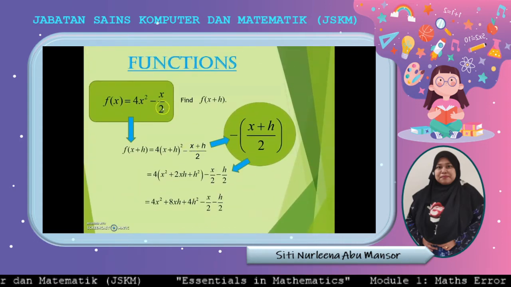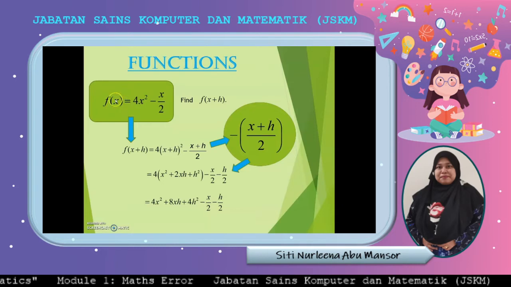Okay, let's say we have this question. f(x) is equal to x squared minus x over 2. Find f(x plus h). So we can see here that this function is for f(x), but you have to find the function for f(x plus h). This means that you have to substitute all x with x plus h.